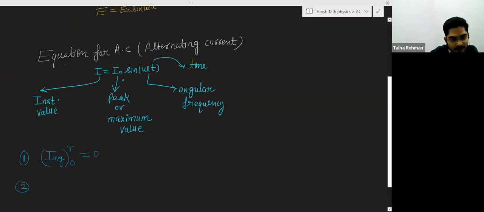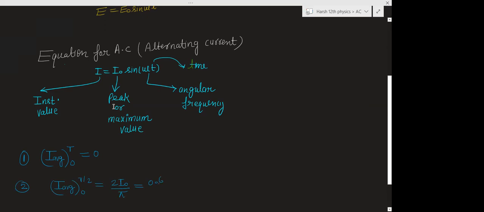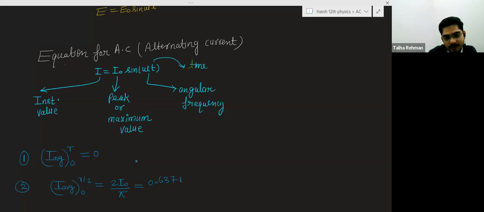If I am calculating the average value of the current for half cycle, it will be equal to 2 I naught by pi, that is 0.637 of I naught.